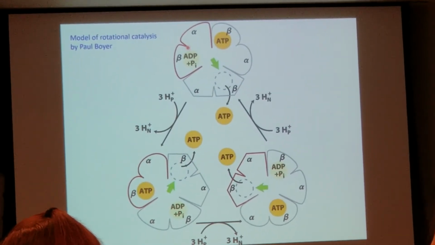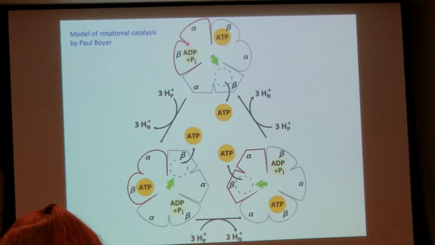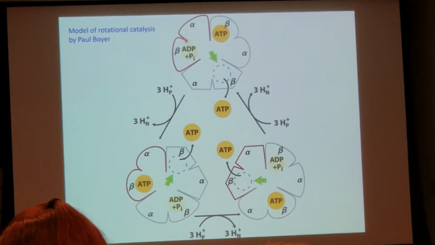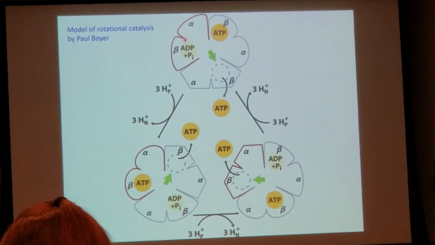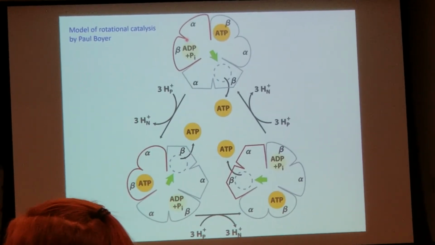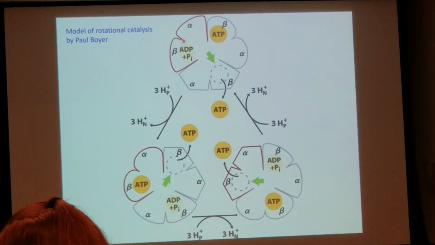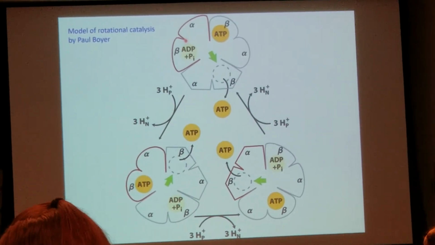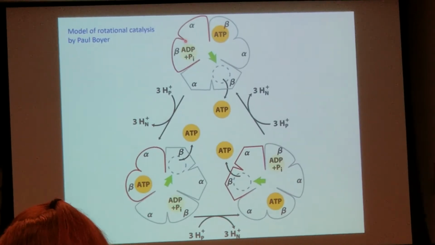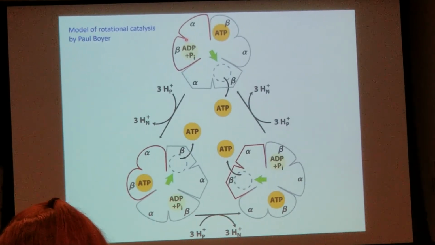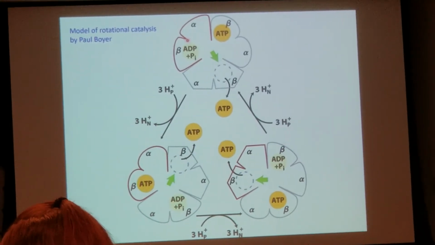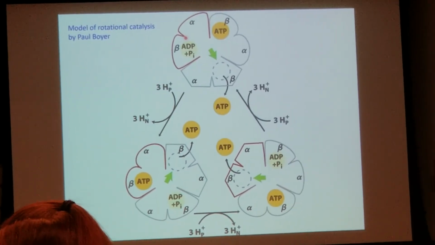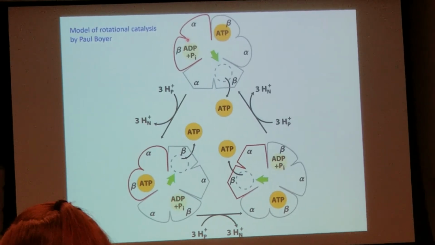This thing makes so many weak bonds that it lowers the transition state energy to almost zero. So that's very interesting. It says that this mechanism requires virtually no energy to make ATP. You can make ATP without putting in hardly any energy.